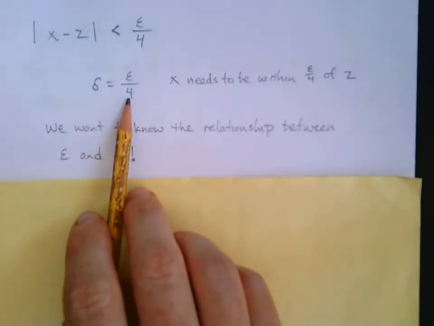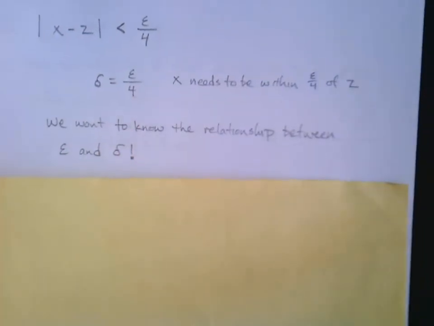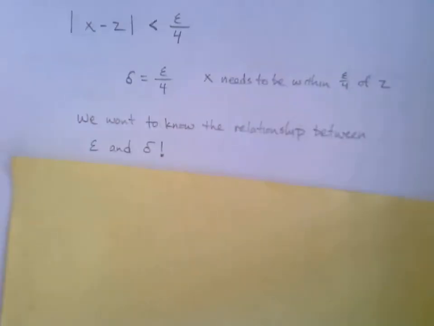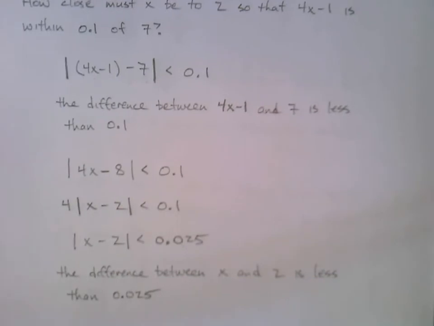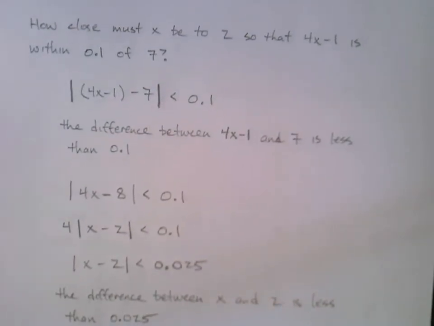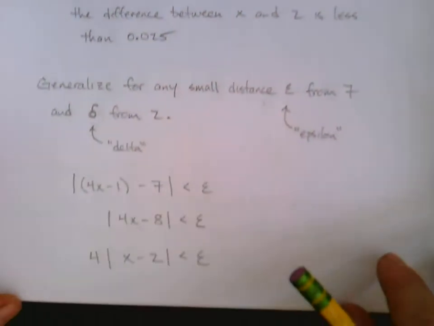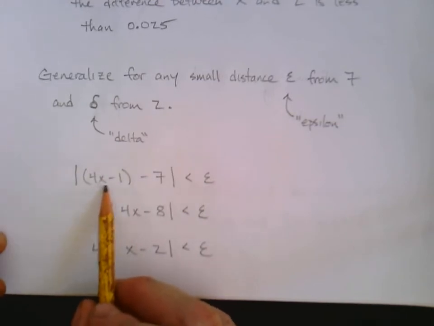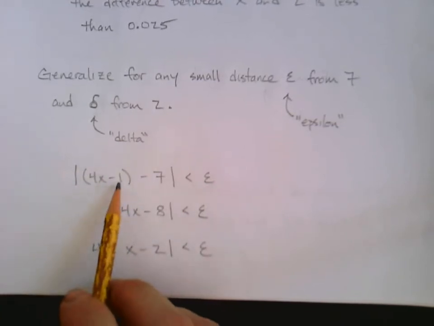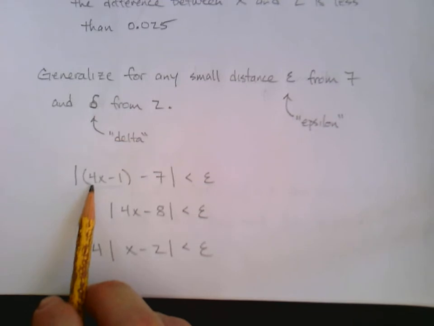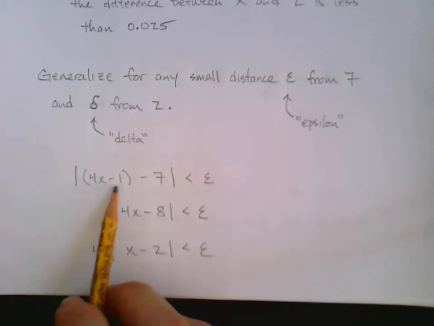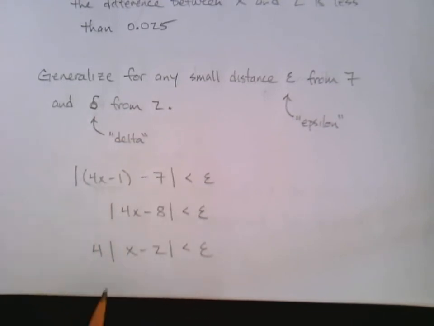Just curious, here we're dividing by 4. I'm actually going to go all the way back here. This is where we began. That's the function. What's special about the 4? We see the 4 right there.